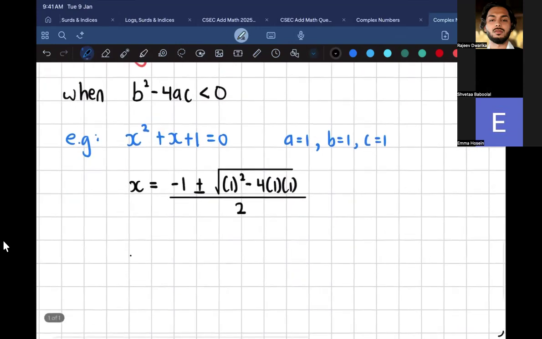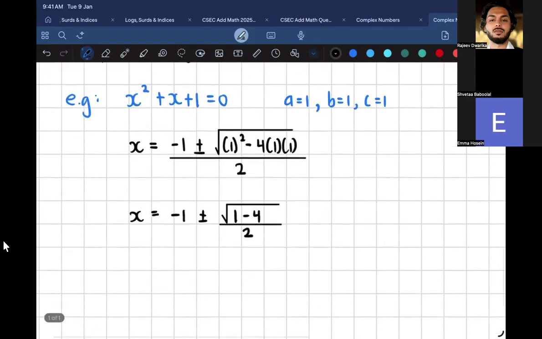Perfect. Negative 1. So that would be 1 squared, which is 1, minus 4 times 1 times 1, which is just minus 4, all over 2. So x would be equal to negative 1 plus or minus the square root of negative 3, over 2.